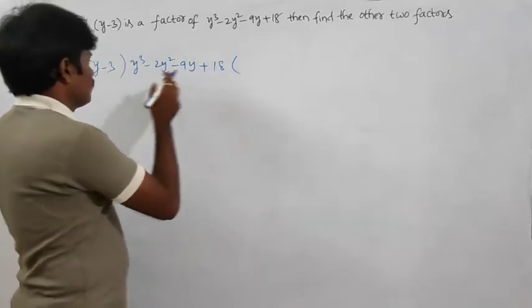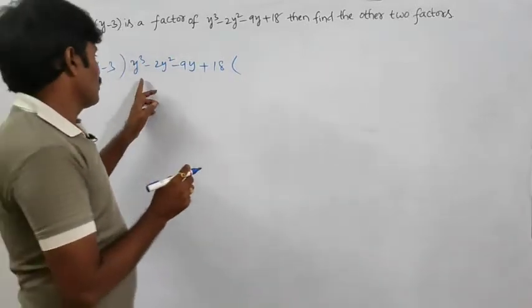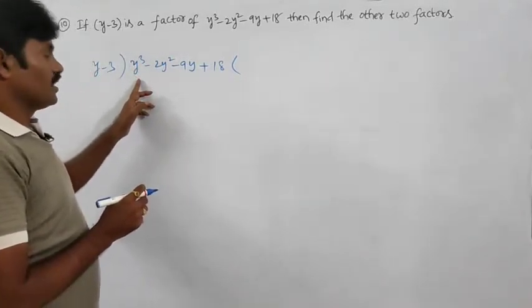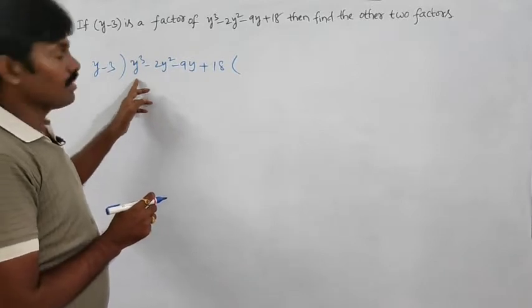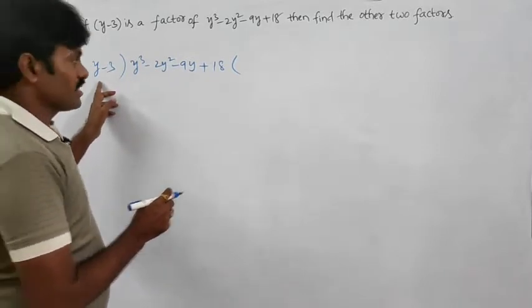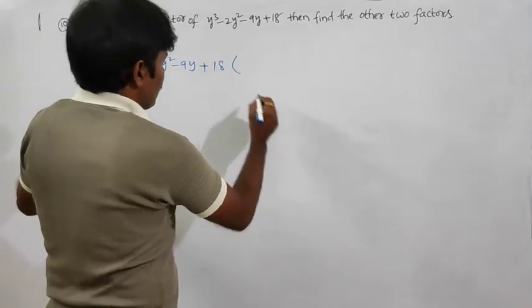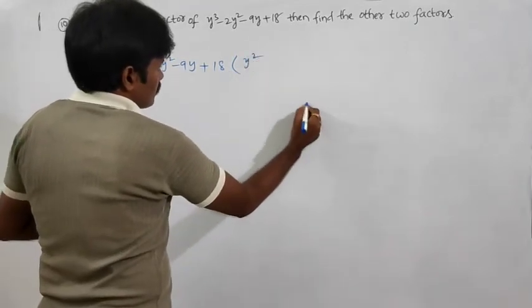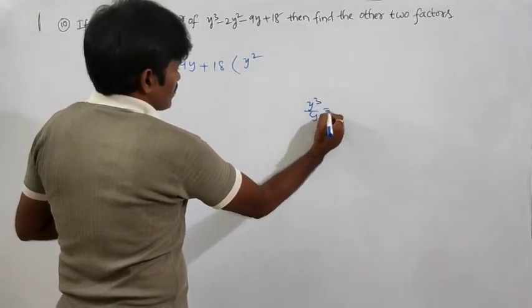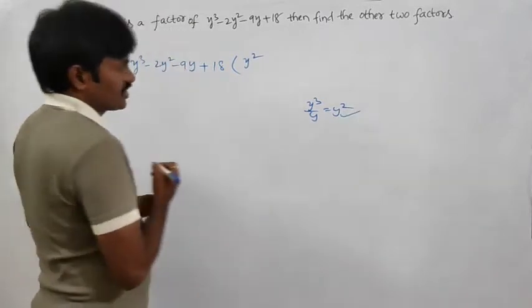The general procedure is that we first divide the first term of the dividend by the first term of the divisor. Then y cube by y gives us y square, so y square is the first term of the quotient.